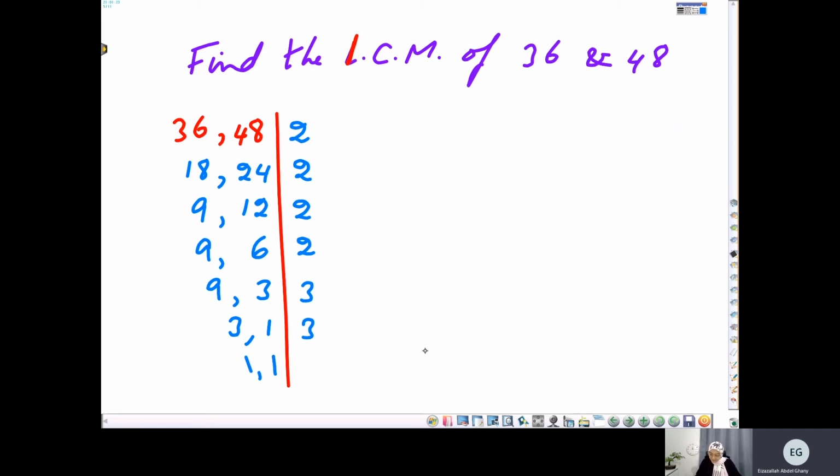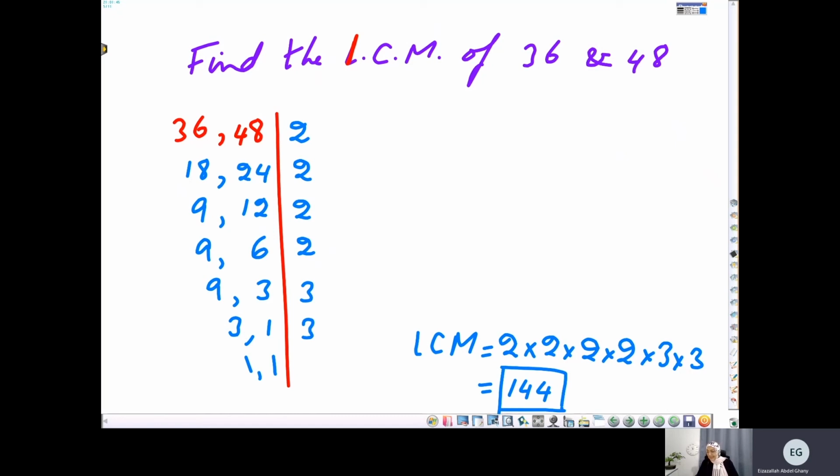So now the LCM is 2 multiplied by 2 multiplied by 2 multiplied by 2, which is 16, multiplied by 3 multiplied by 3, which is 9. If you multiply 16 by 9, you will get 144. This is the best and most guaranteed method to find the lowest common multiple.